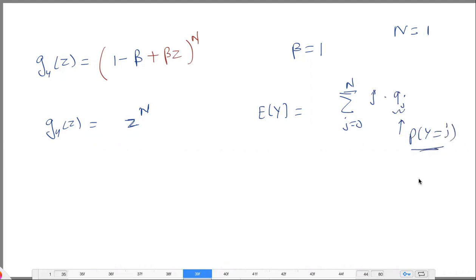We need the qj anyway, so we need to compare this with the formula that we have, which is the sum of z power j into qj, j equal to 0 to n.